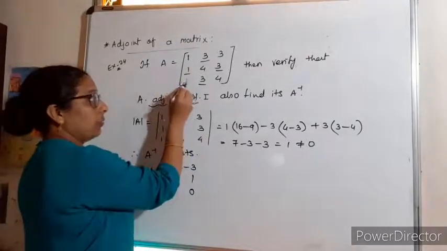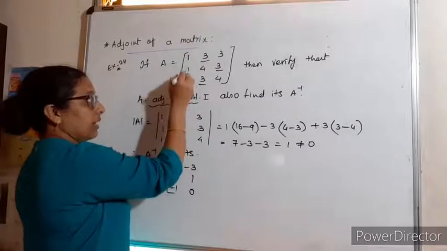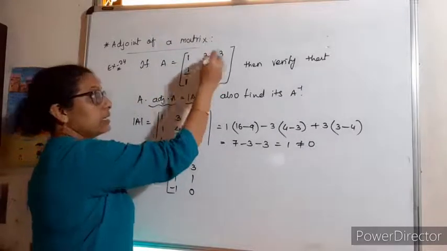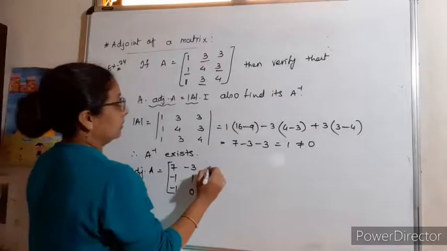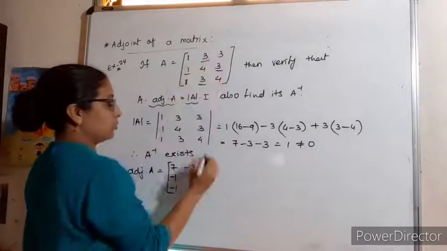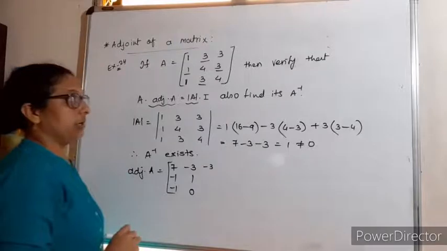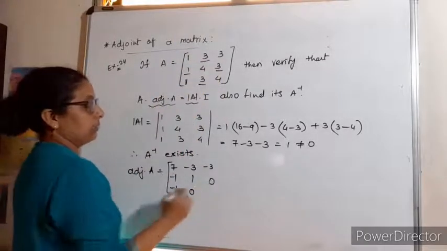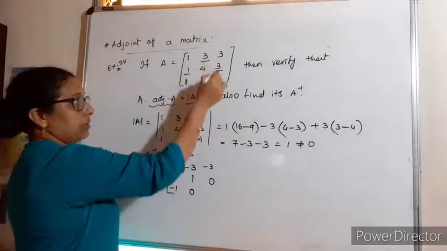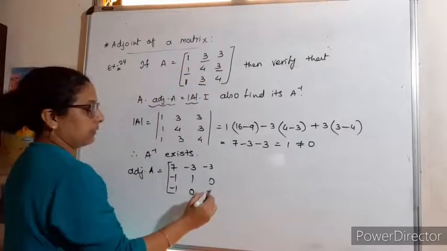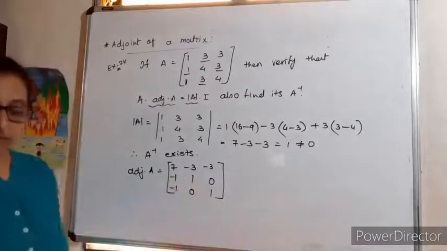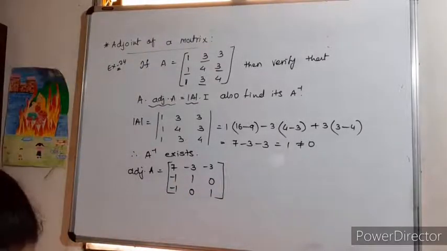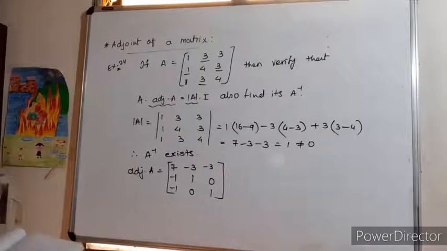Now third row. Hide this, 3 minus 12, 3 3s are 9, sorry, 3 minus 12, minus 3. Then 3 minus 3, 0. Third row, third column, 4 minus 3, 1. So this is our adjoint. Check it out, are you getting this adjoint? Do it yourself now.